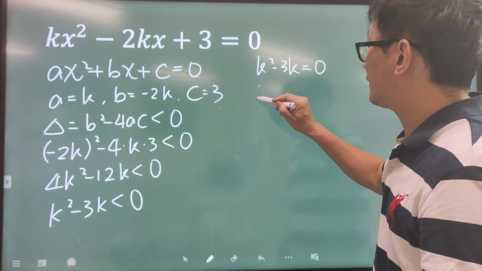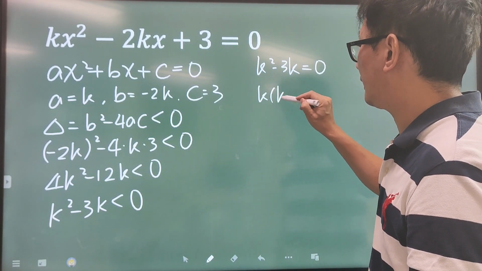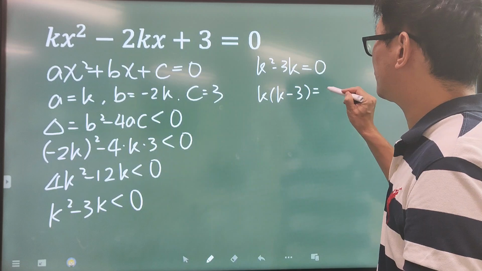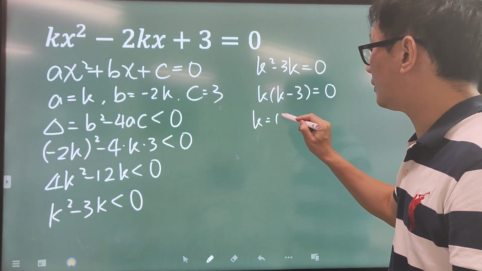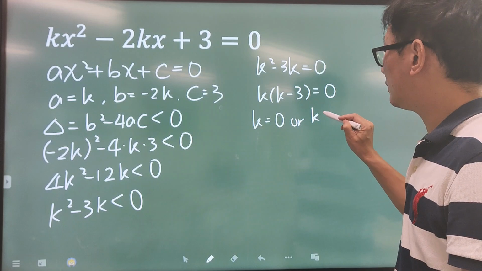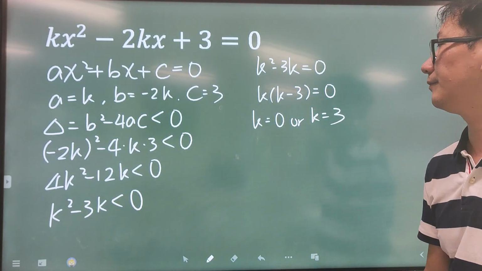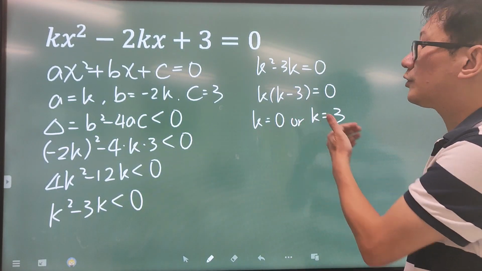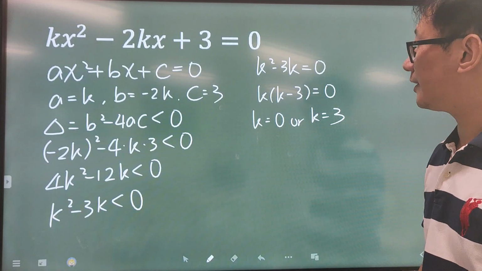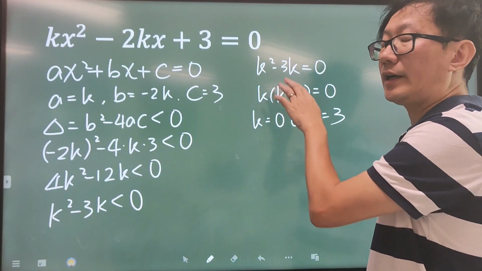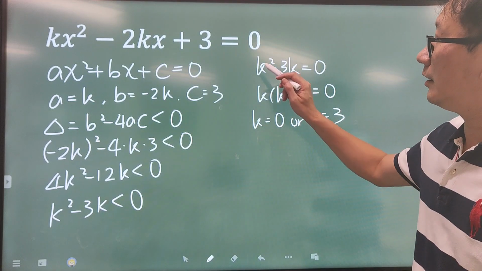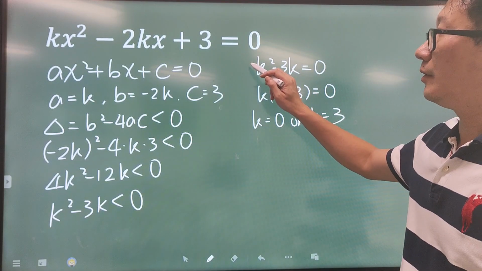Let's solve this. Let's take out a k. And k times k minus 3 equals 0. So our k is 0 or k equals 3. Now we want to draw a sketch of this. So let's go back and look at the equation. k squared has the coefficient 1.